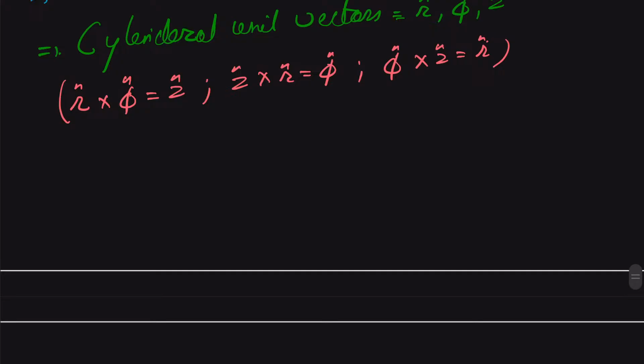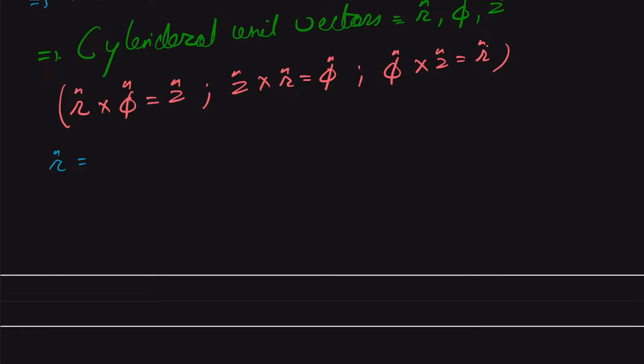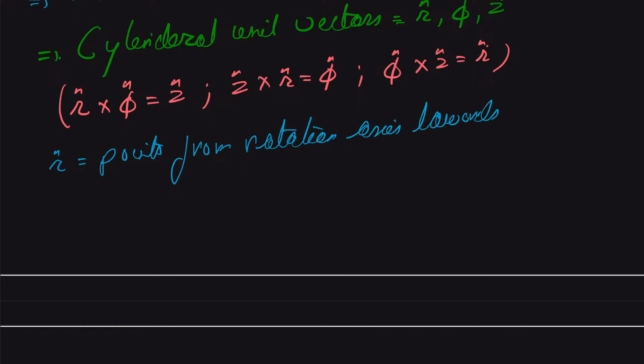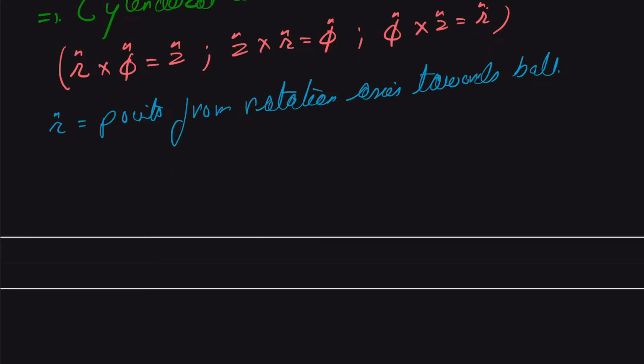So in this case, like I said, our r unit vector points from the rotation axis towards the ball. And we have our phi unit vector.